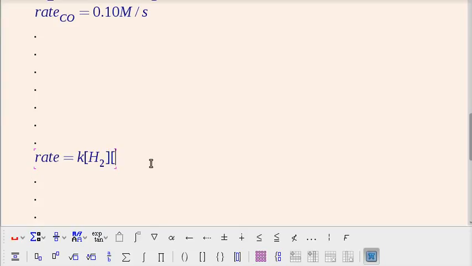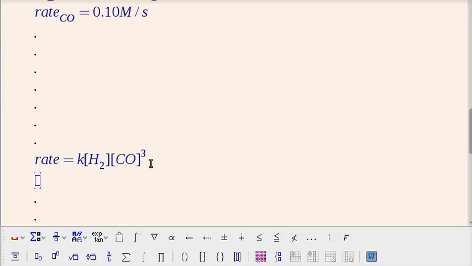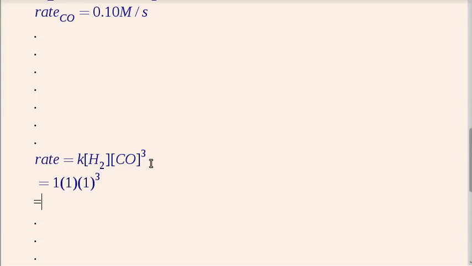So I'm going to invent a K because for figuring out if it doubles or quadruples or anything like that, it doesn't matter what K is. So this is rate. That's the general equation. And we'll invent a K, as I said. How about 1? And then H2 originally, we'll say it's originally 1 also. And we'll say the CO is 1. We'll just make everything 1. And you get 1. How interesting.